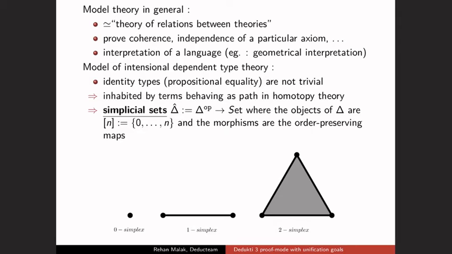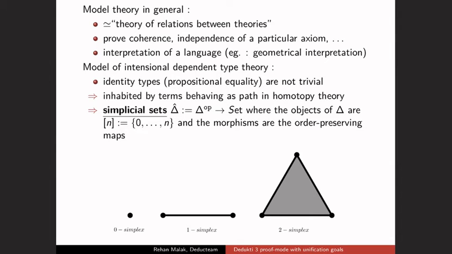So about this example of formalization, let's say a few words about model theory in general. Roughly, this can be thought of as the theory of the relations between theories. It is used to prove, among many things, coherence of a theory and independence of a particular axiom, etc. It also provides some interpretation to a language, for example, a geometrical interpretation.